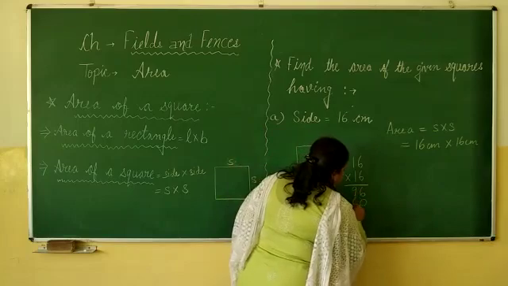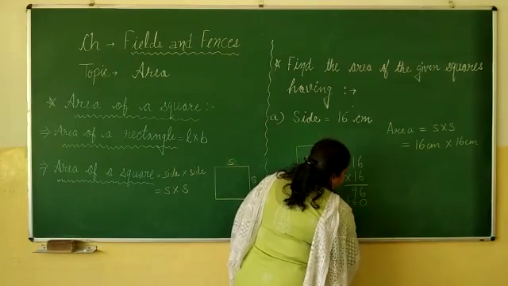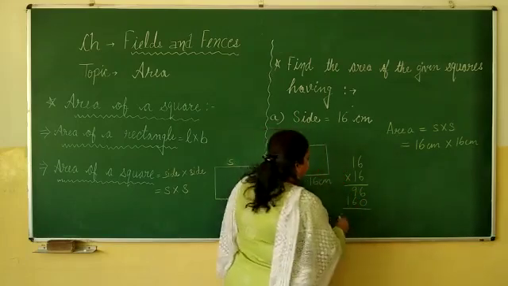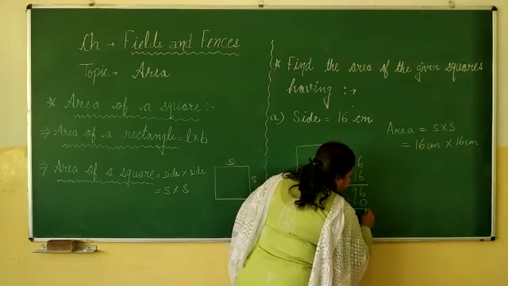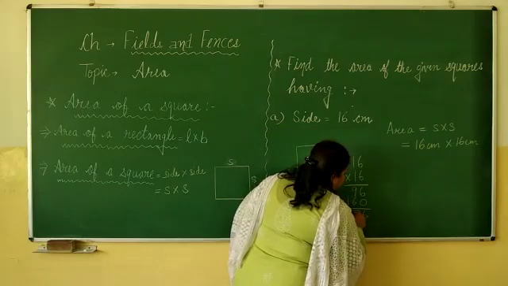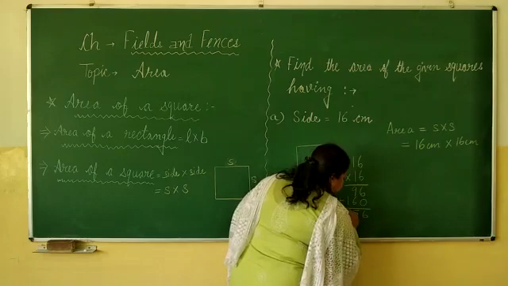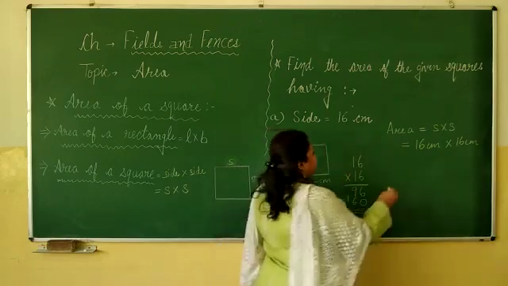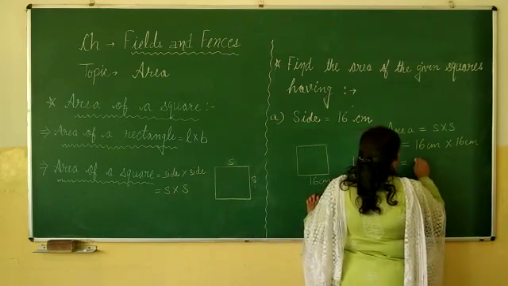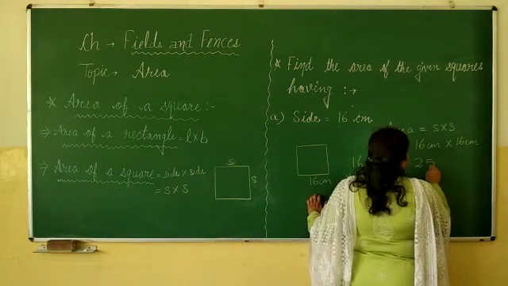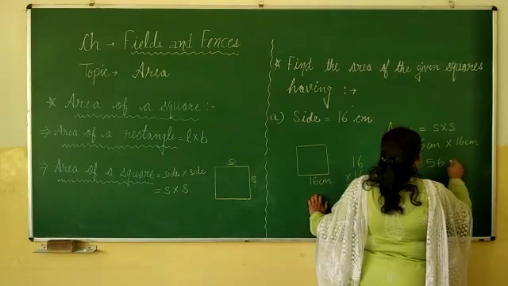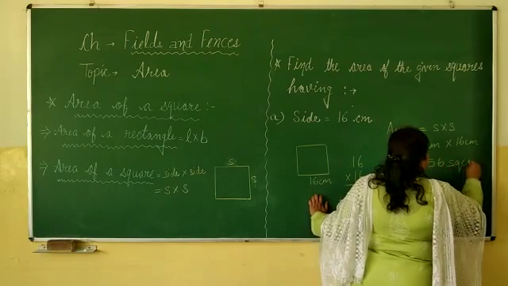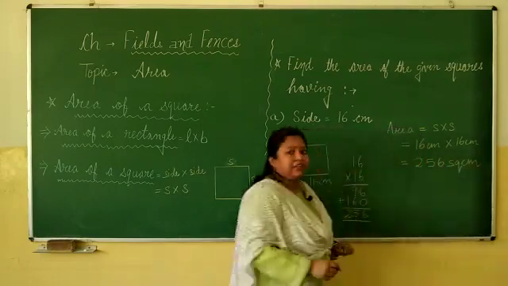Now 1 6 is 6 and 1 1 is 1. If we add it, we get 6, 5 and 2. So that's our answer here. So the area of a square having side 16 centimeter is 256 square centimeter.